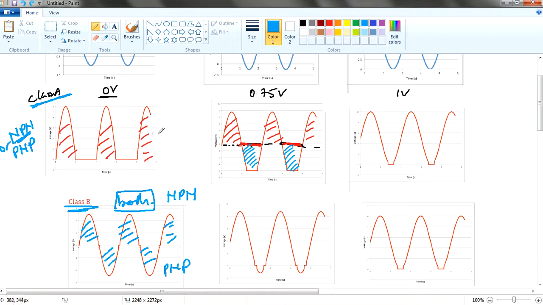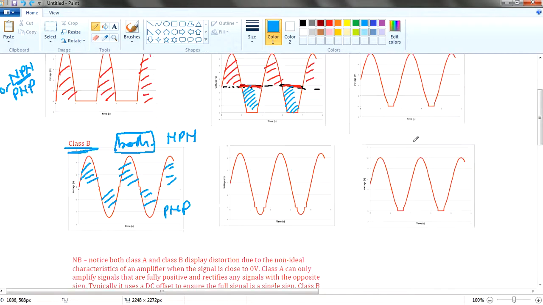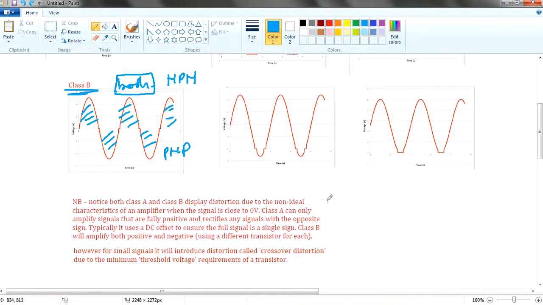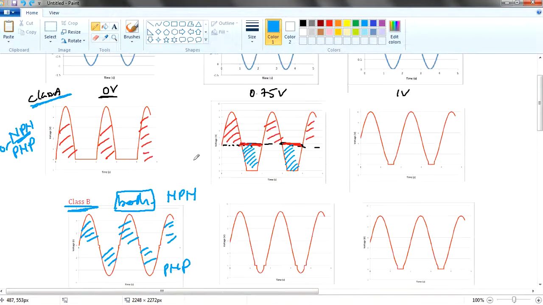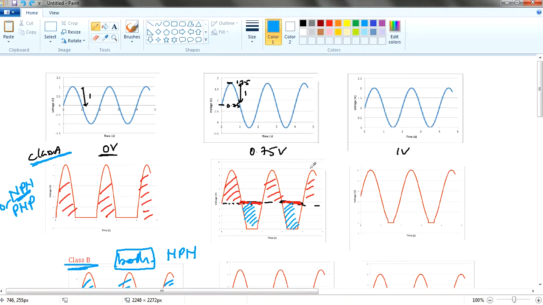But however, at a higher biasing voltage scenario, the good thing for class A is that when you have a higher biasing voltage, you have no distortion. Your signal is very nice.